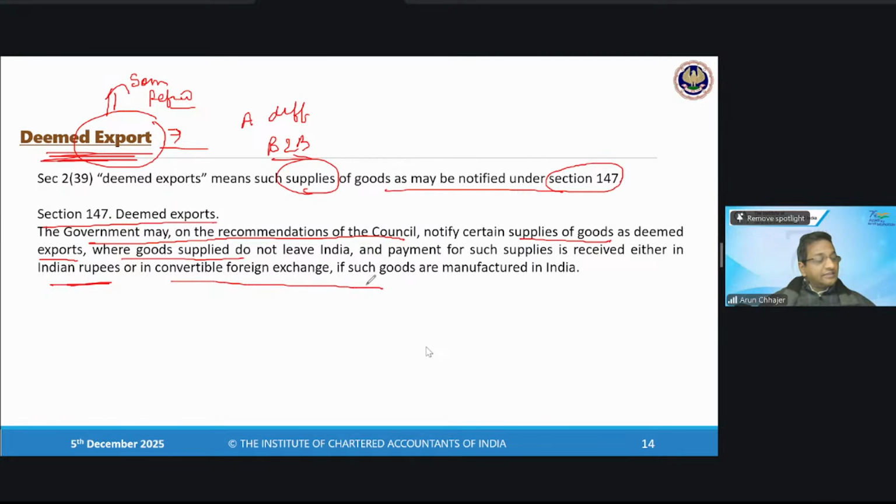So what are the conditions? The government, on the recommendation of the council, notifies certain supplies of the goods as deemed export, where goods supply does not leave India and payment for such supplies is received either in INR or in convertible foreign exchange, if such goods are manufactured in India.